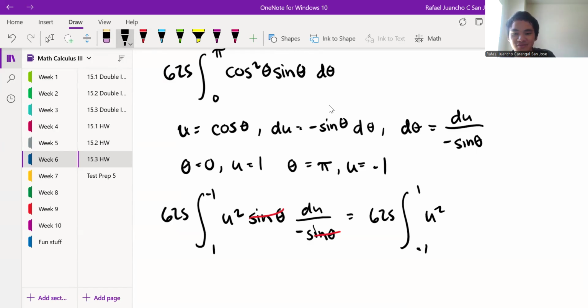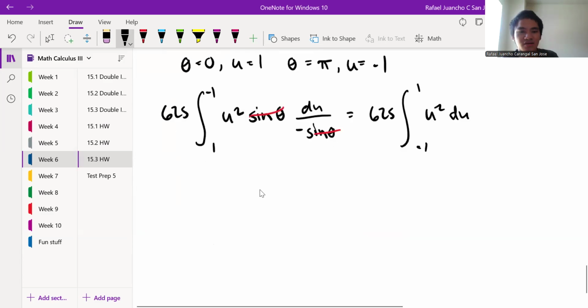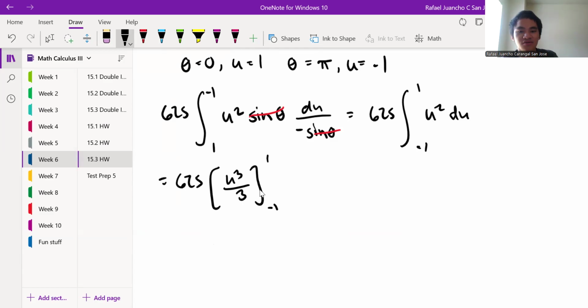Yeah, and then now you have u squared du, which is a nice integral if we think about it. So yeah, I got the right answer. 625 u cubed over 3 from negative 1 to 1.